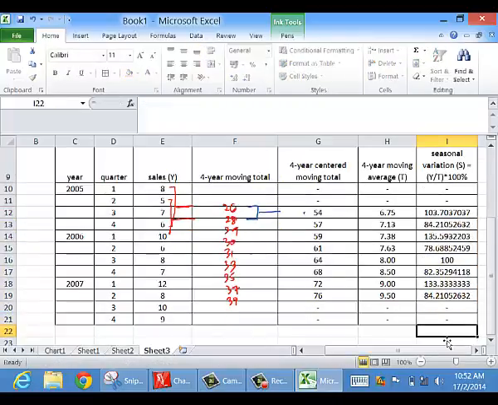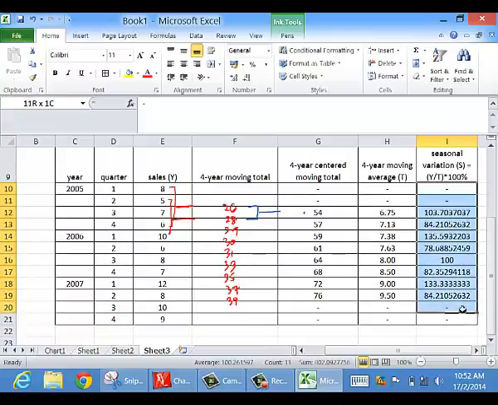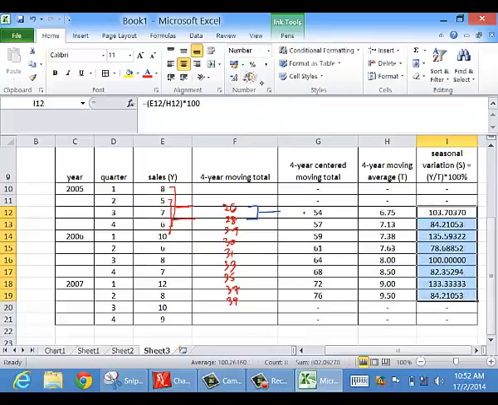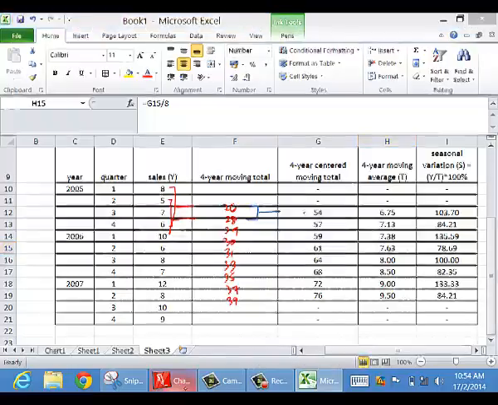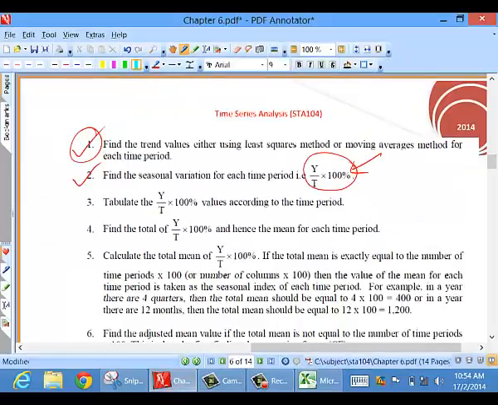You need to calculate one by one, and limit your decimal to 2 decimal points. For each time period, you need to calculate the seasonal variation. So the second step is done; we have calculated the seasonal variation for each time period.